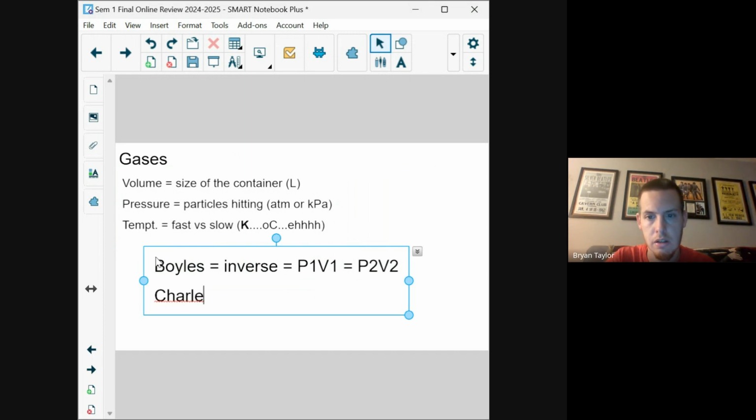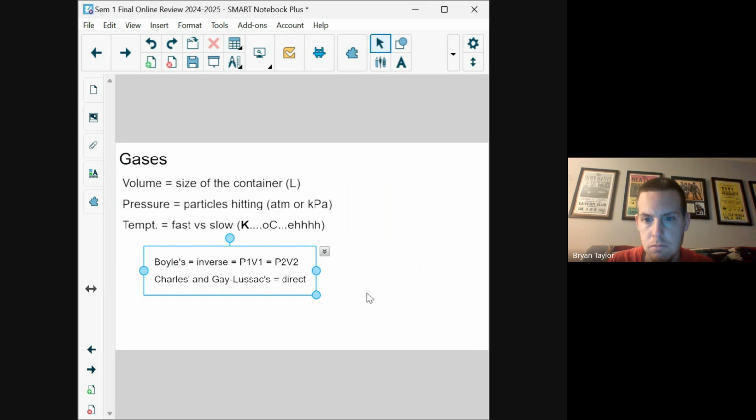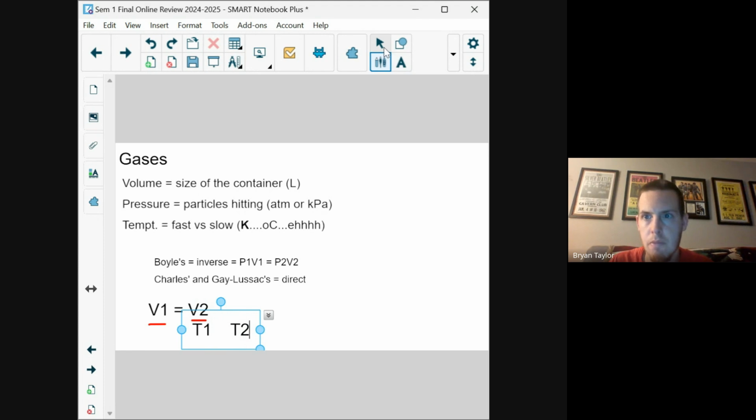Charles and Gay-Lussac are direct. And then Charles is V1, V2, and then it's going to be V1 divided by T1, V2 divided by T2.